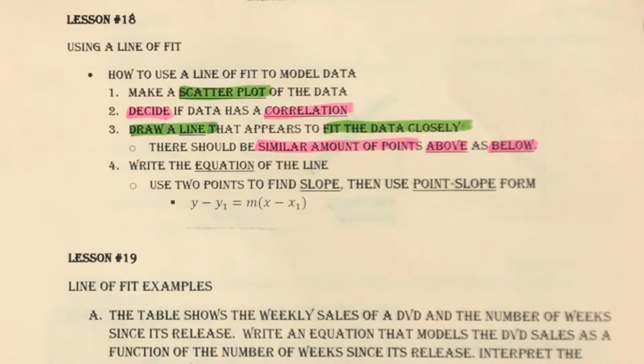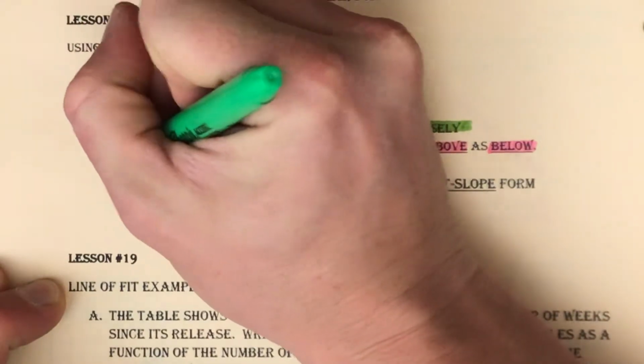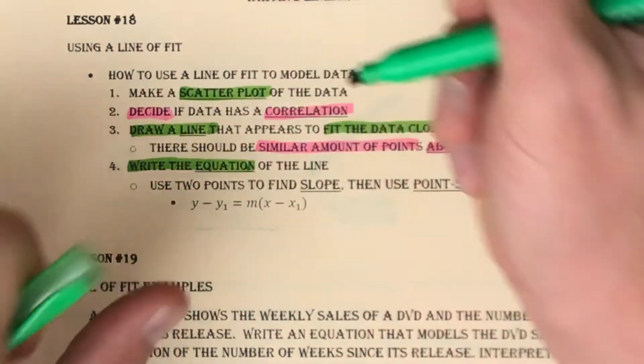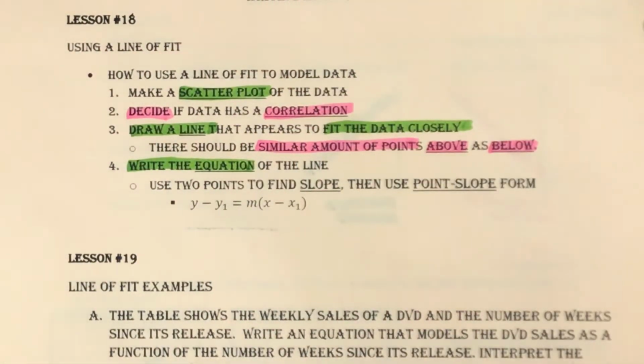And then the last thing we want to do after we've done that is write the equation of the line. And you're going, oh no, writing an equation of a line that I don't really know? You'll be okay, because we've actually learned all of this information and what we need. What we need to do in that instance is find 2 points that are on that line.